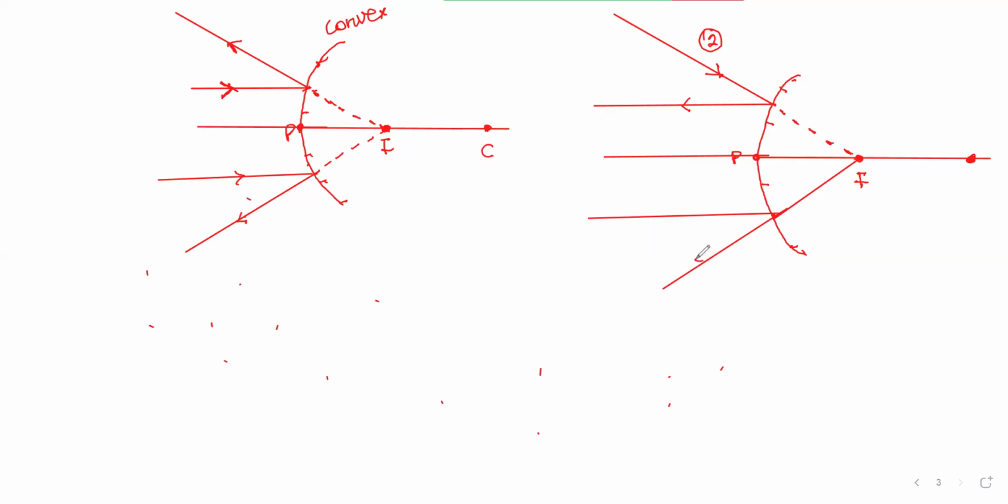So the ray is coming from here, and after reflection, the reflected ray is parallel to the principal axis.